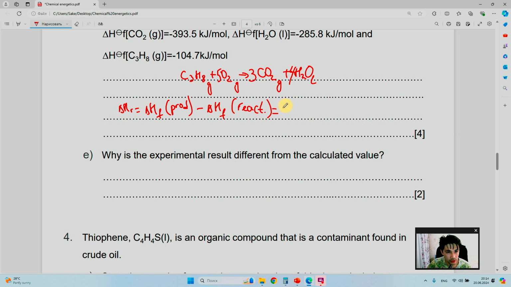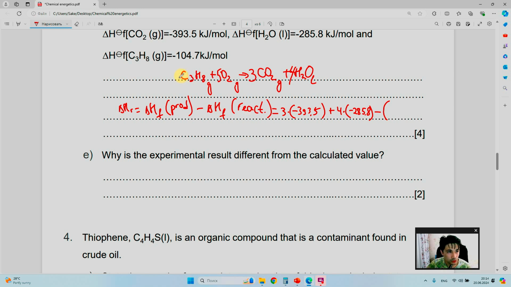Okay, so the formation enthalpy of products. Carbon dioxide: 3 multiplied by the formation of carbon dioxide, which is minus 393.5. Plus the formation enthalpy of water: 4 multiplied by the formation of water, which is minus 285.8. Then we need to subtract the enthalpy change of formation of the reactants.